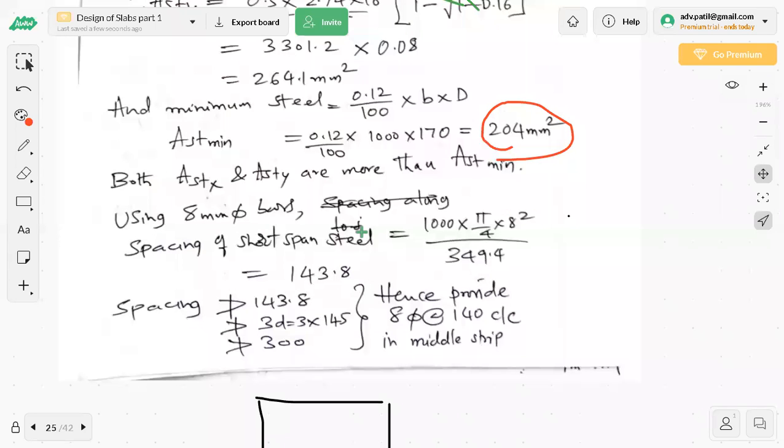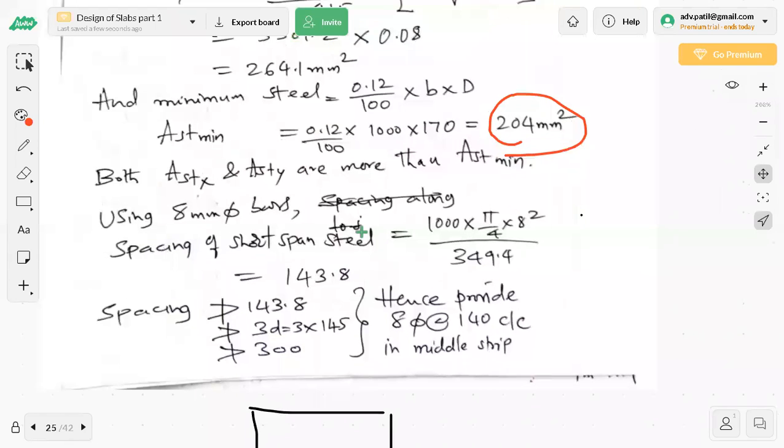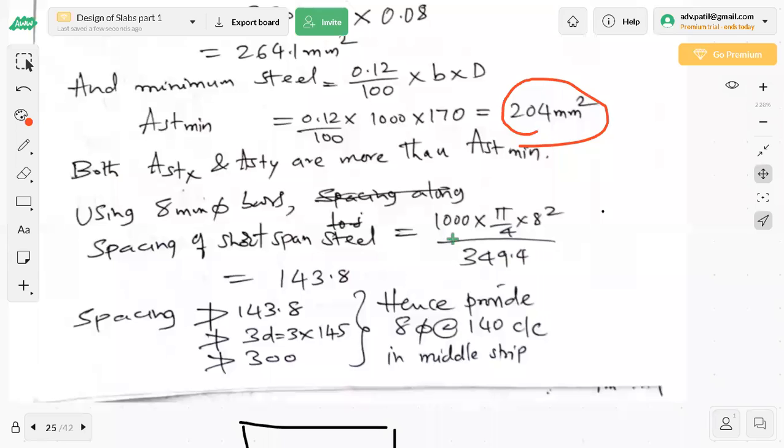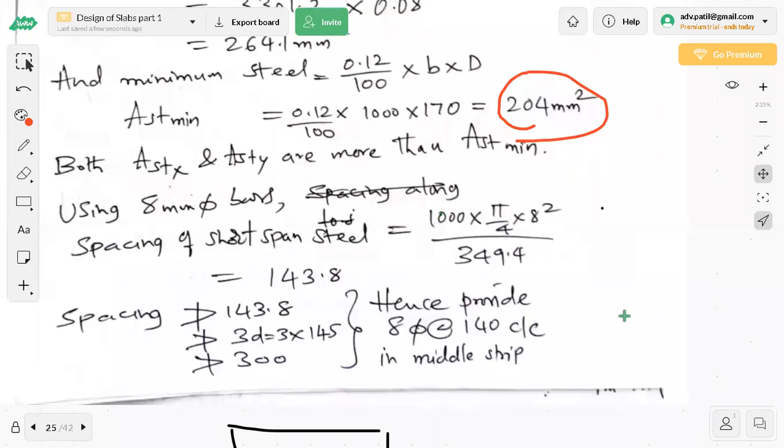See, all of you mute your this one. Mute it. Using 8 mm bars, spacing of short span steel is 1000. See, all of you check your mic. Mute it. Mute it. 8 mm bar, how to find the spacings?